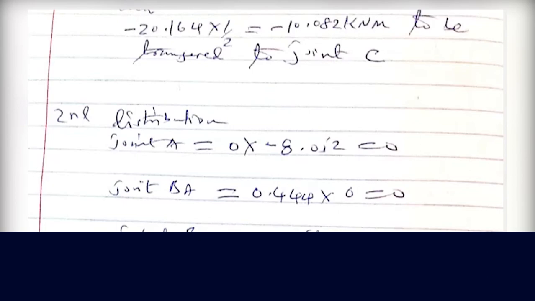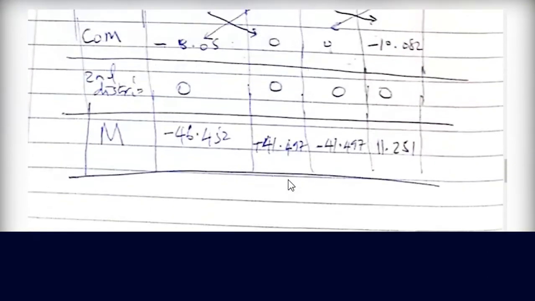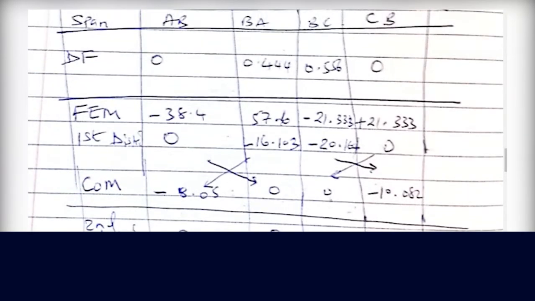Now once you have that one, come back to our table. After having the moment distribution factor, which is the ratio between these, we multiply the balanced moment after summation of the two values, the unbalanced moment, times its ratio here.